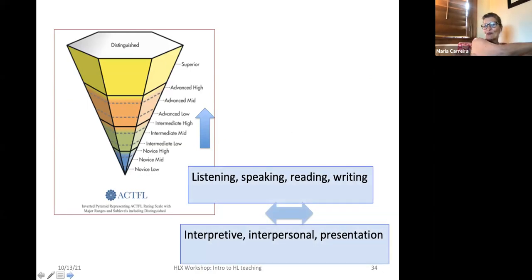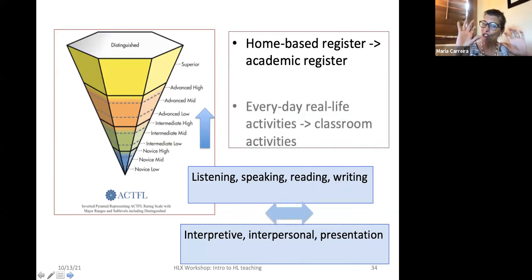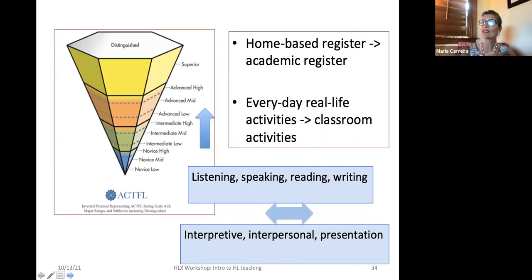But notice you can also move across the guidelines in terms of the 4 skills and the 3 modes of communication: interpretive, interpersonal, and presentational. And then you can use those last 2 bits from the from-to principles to help you create activities and content for HL learners. Let me stop for a second and see if there are any questions.